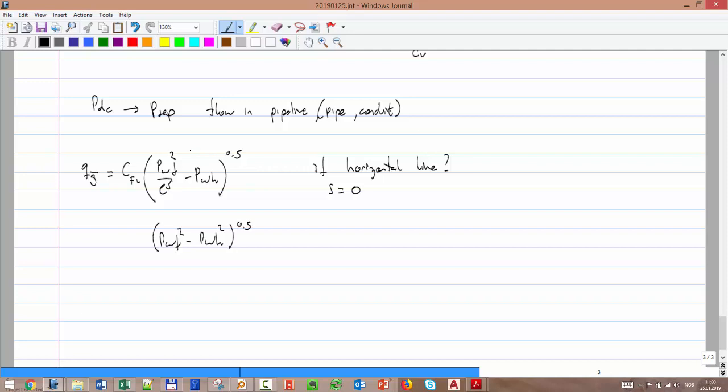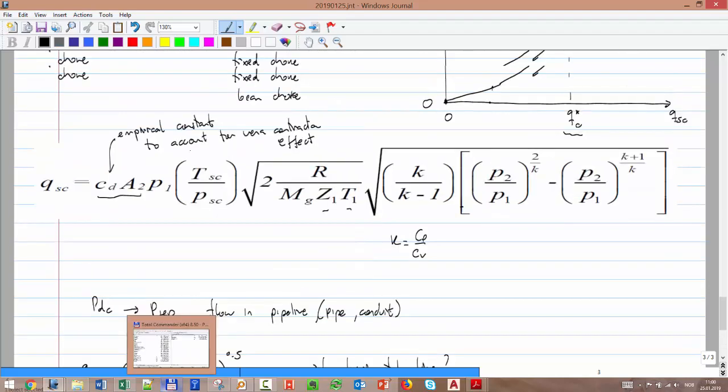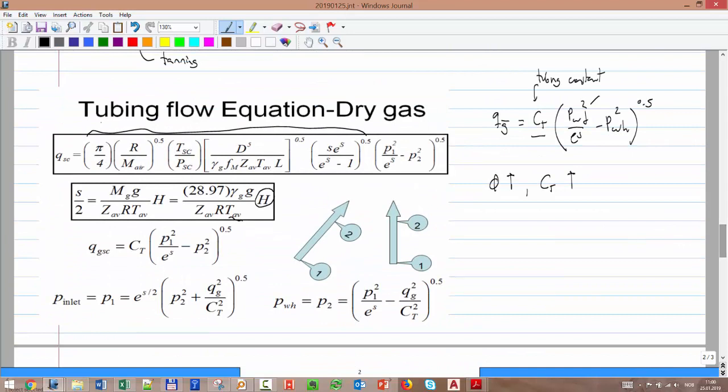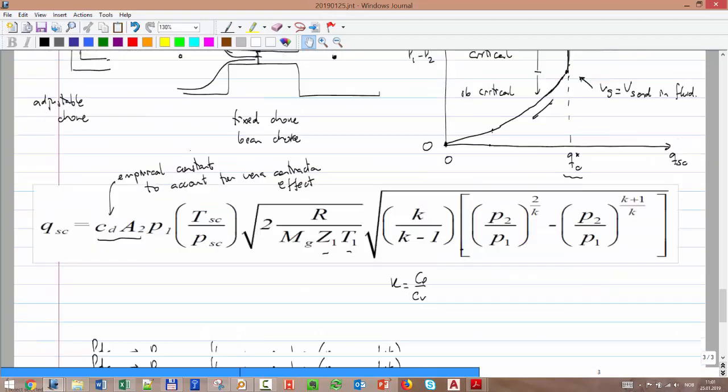And now what happens with CFL? That was that ugly expression, right? Let's look at what happens in that expression. It is dependent on S also. So all of this remains unchanged. The length, I still will have a length, but now this part is causing me trouble: S e to the S over e to the S minus 1.